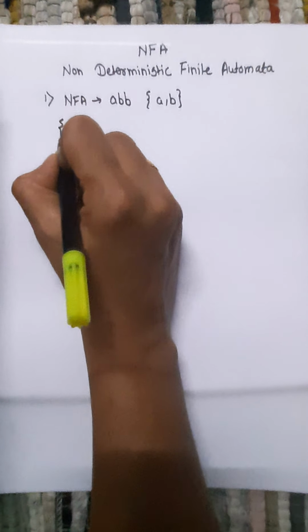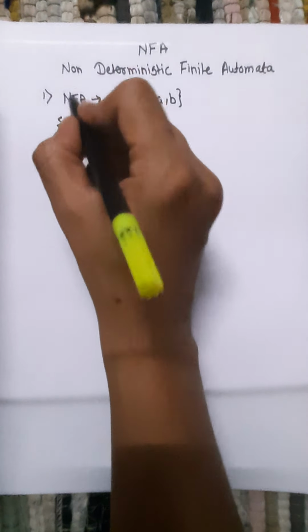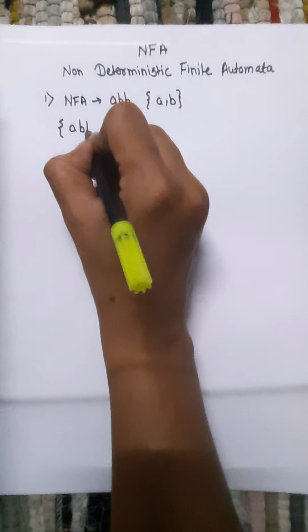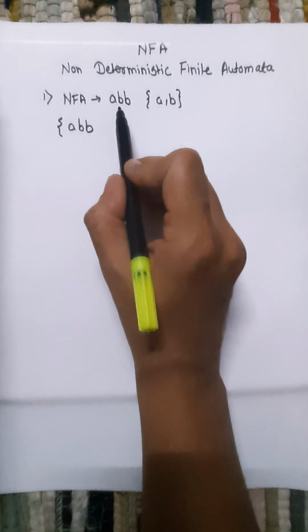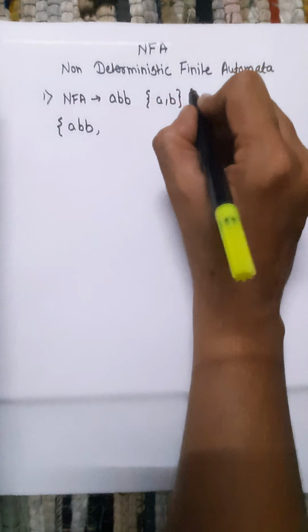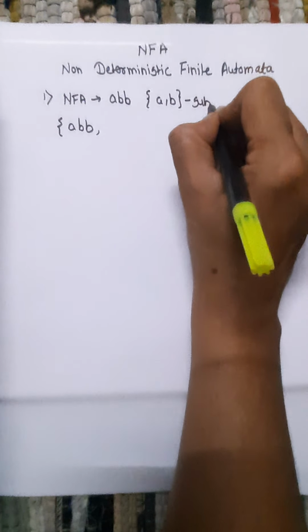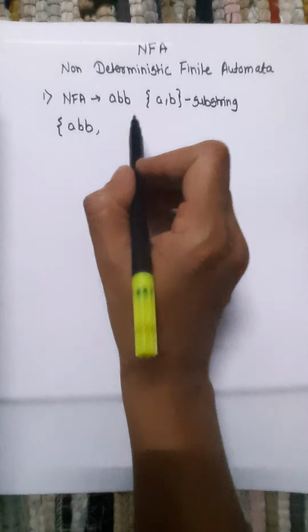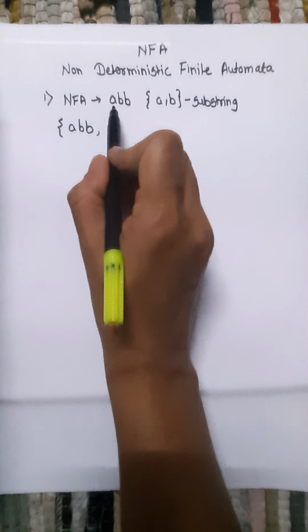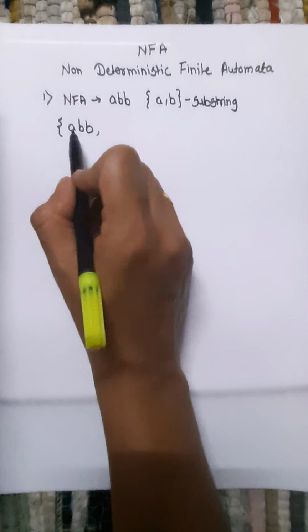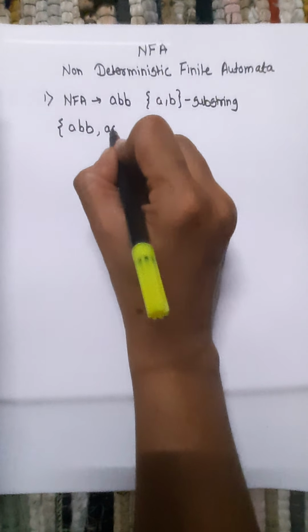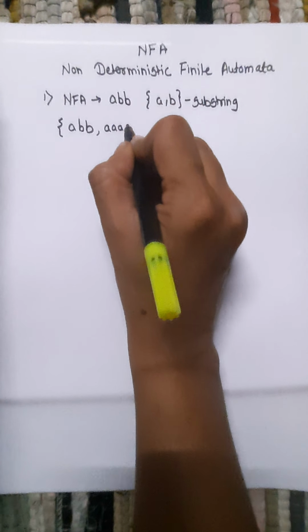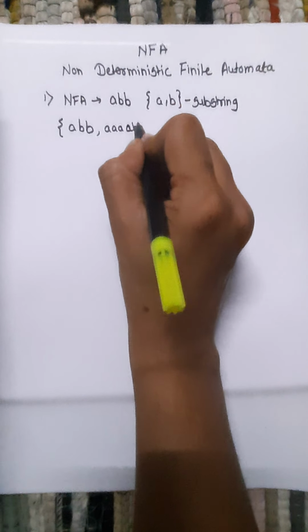So the minimum string is ABB, as they are saying this is a substring. So here I can write substring. If it is a substring, then before this ABB there will be multiple A's, and then we are writing here ABB.